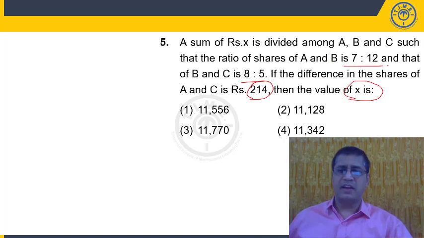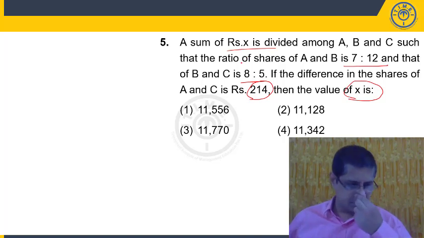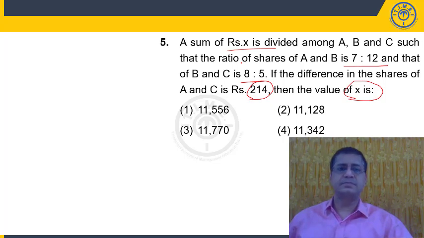B and C ratio as well as A and B ratio is given. Just you need to find the amount which was divided among A, B and C. Hope you are trying to solve this example.